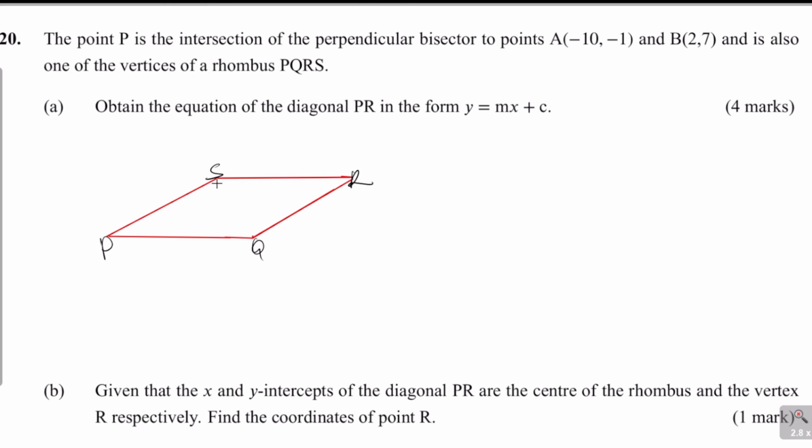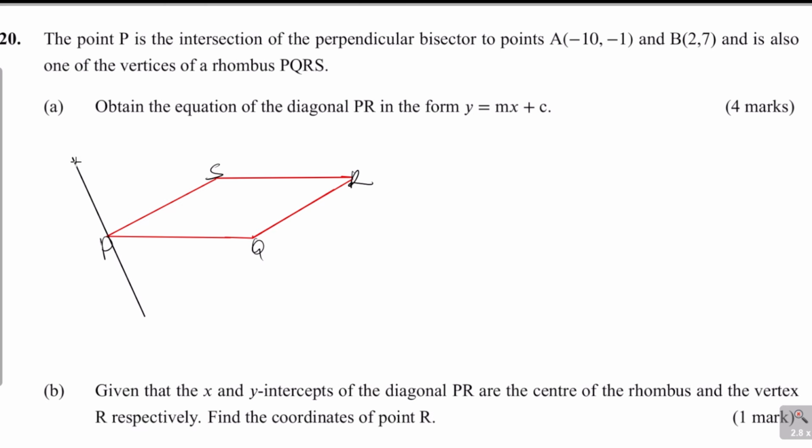Now point P is the intersection of the perpendicular bisector to points A and B, and is also one of the vertices of the rhombus. So because P is the intersection of the perpendicular bisector of points A and B, I'll put A and B to lie somewhere here.